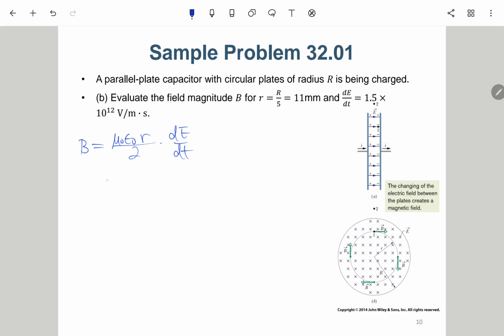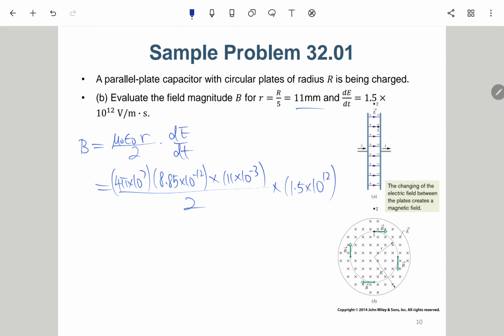Mu naught is 4 pi times 10 to the negative 7th power, and then epsilon naught is 8.85 times 10 to negative 12, and then times r is 11 millimeter, 11 times 10 to negative 3rd power, all over 2, and then times dE dt is 1.5 times 10 to the 12th power. So this is 9.18 times 10 to negative 8 Tesla.